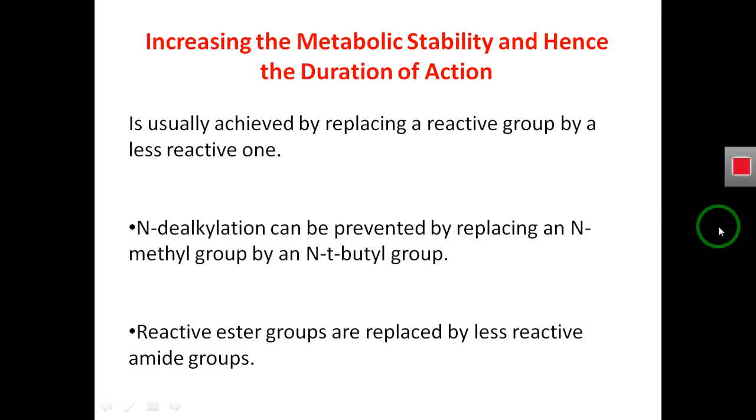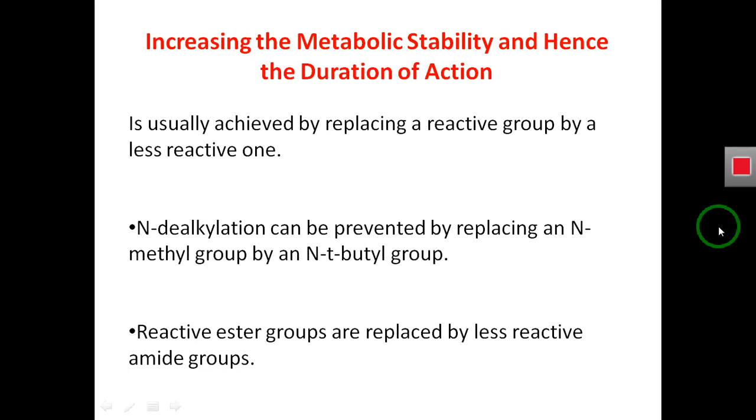If it will not be metabolized in the liver, or will not participate in phase 1 and phase 2 reactions of the liver, it will have a longer duration of action.